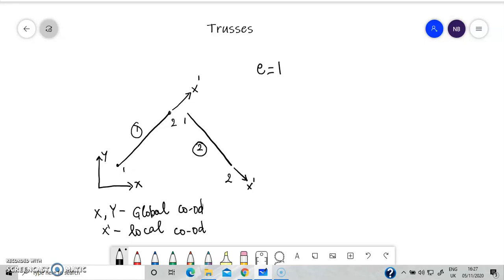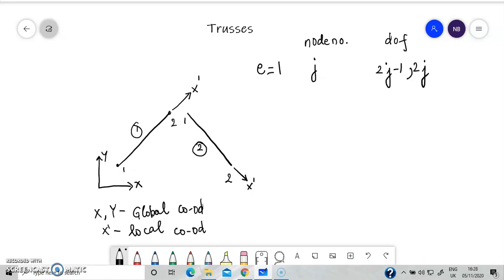Okay, it's a one-dimensional body, but it can have the displacement coordinates along x as well as y.